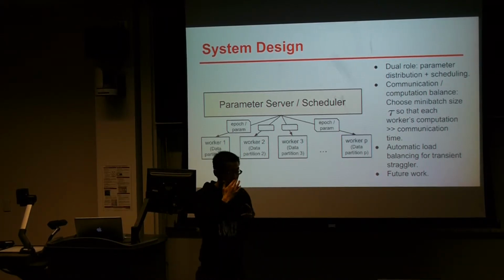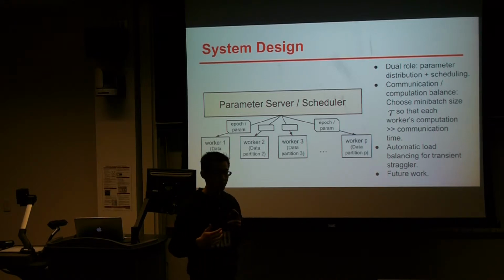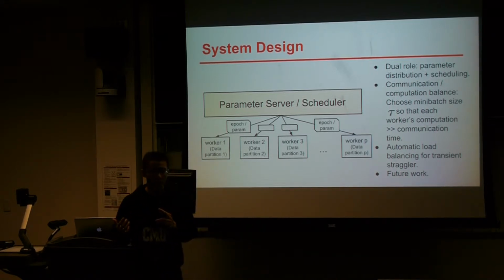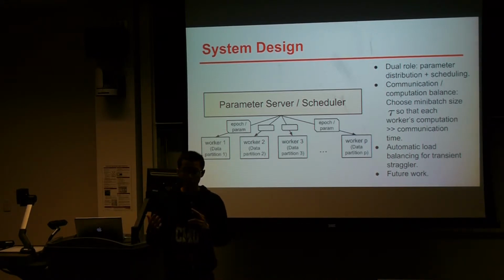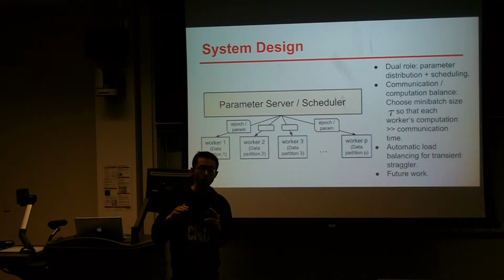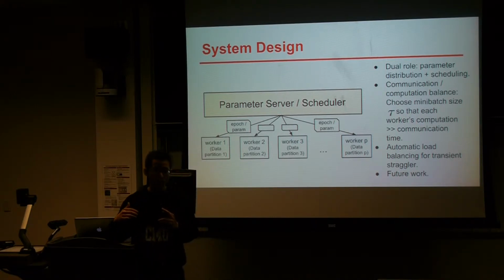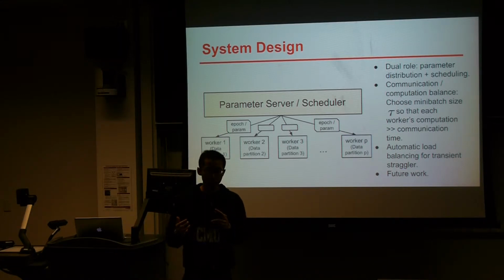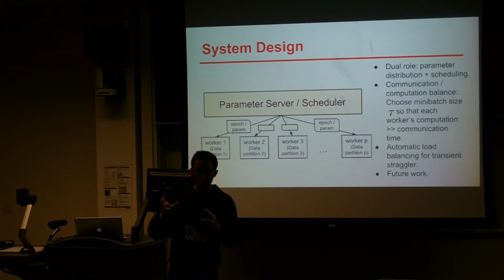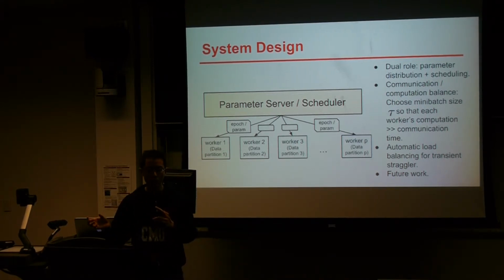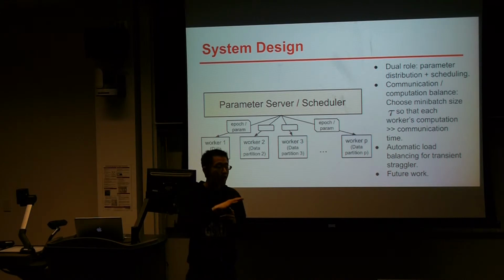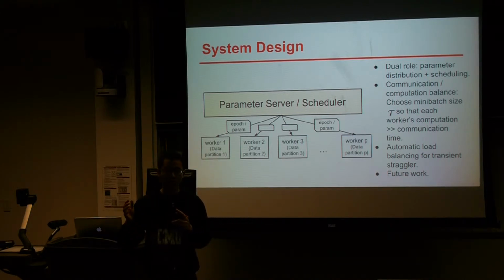Also, one thing you need to note is that we want enough parallelism. We want tau to be large enough so that each worker has enough work to do, so that the computation time will not be dominated by communication. In a distributed setting, communication is very expensive, so you don't want the subproblem solving time to be too short compared with the communication time. That could vary from problem to problem.